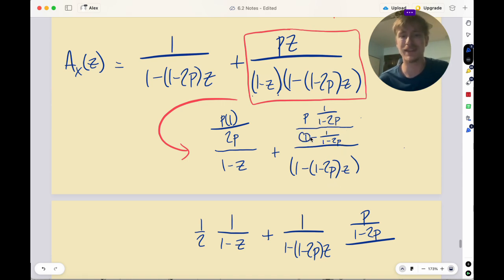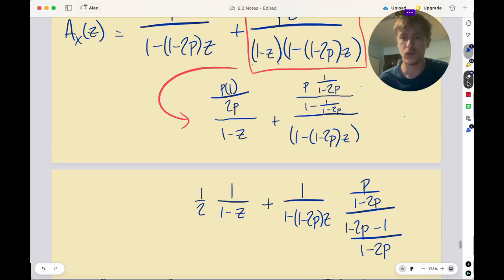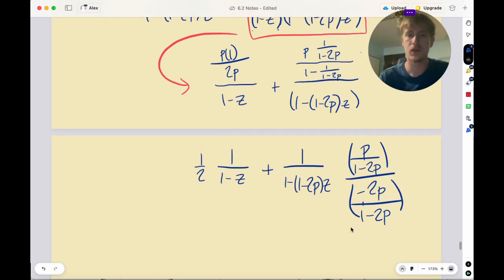If you write this with a common denominator, this is going to be 1 minus 2p minus 1, all divided by 1 minus 2p. But the 1's cancel, and we're left with a negative 2p. Okay, so we have that fraction divided by that fraction.